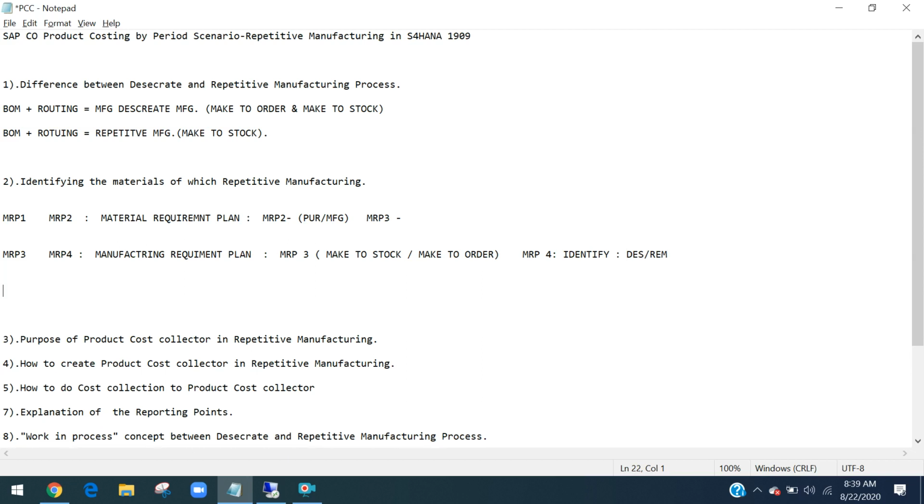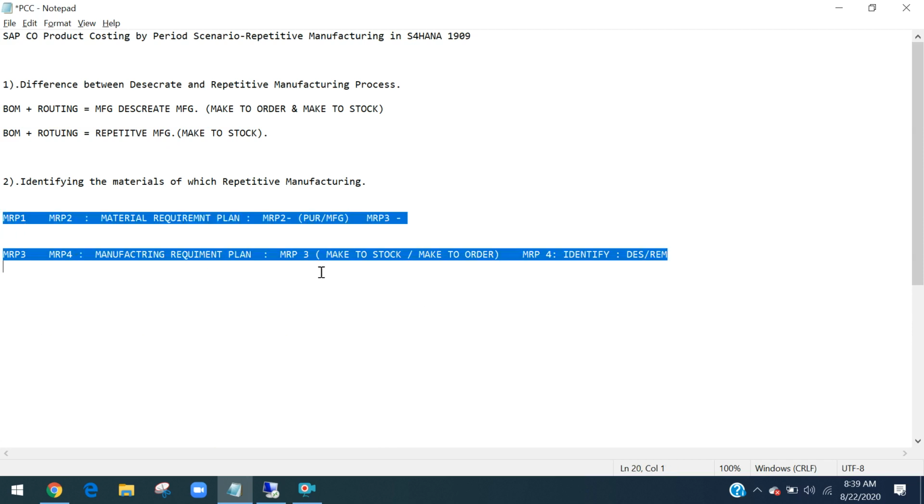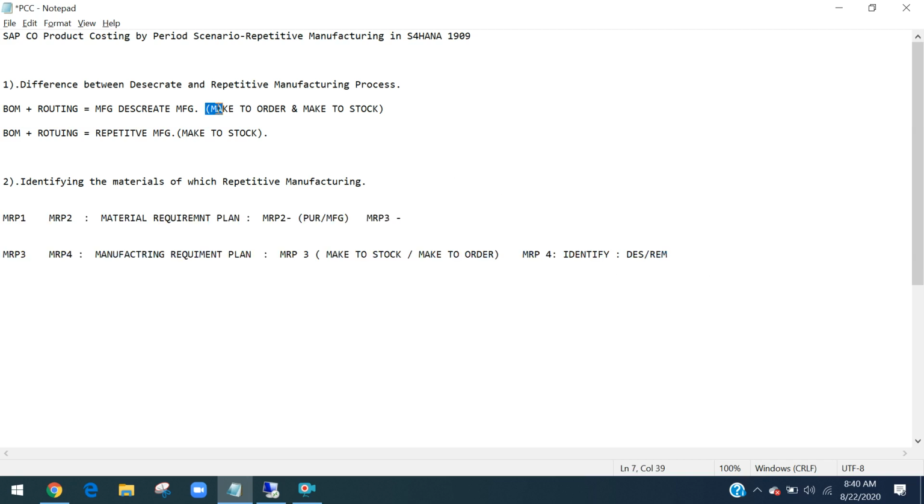That means here we will see later. This much major information is available in MRP 1, 2, 3, 4 of the material master views. First we will identify the business. Based on the business we can identify whether it is make to stock or make to order. Suppose make to stock.